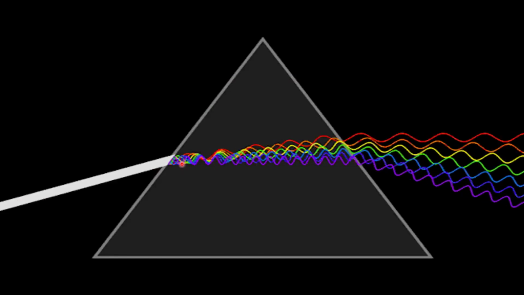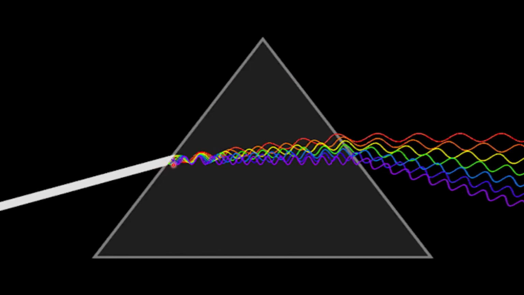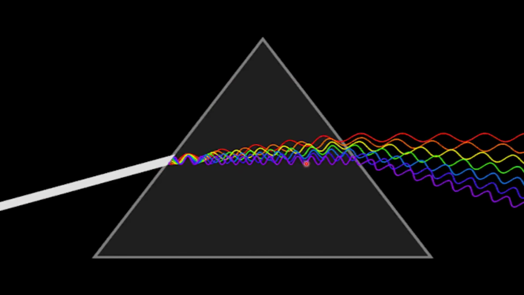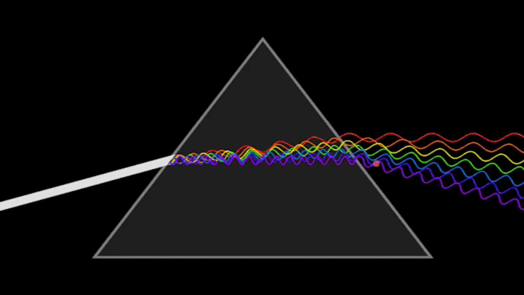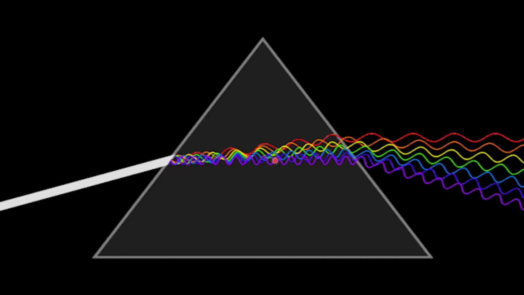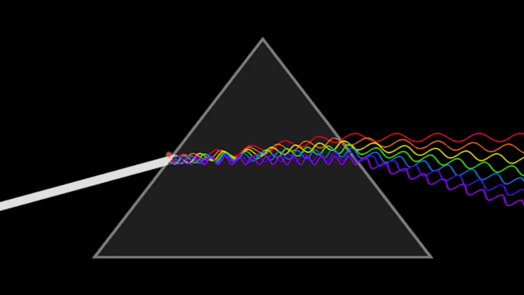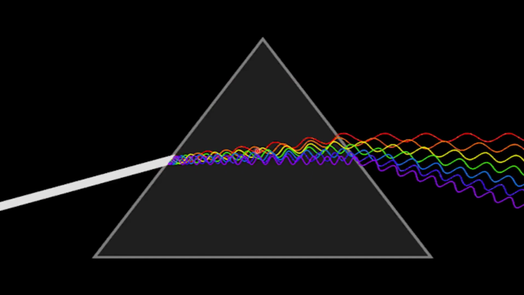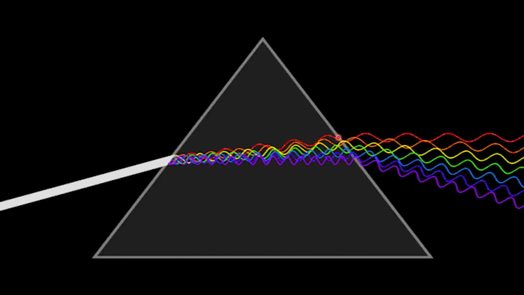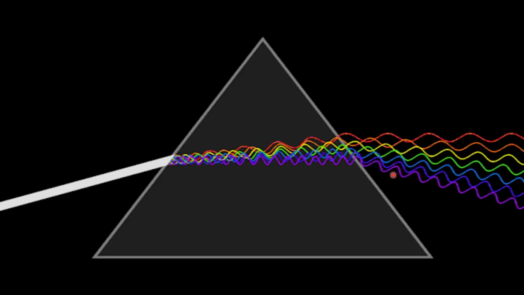As you can tell here, the violet waves are bending that much. And if you go towards the red area, the frequencies are still affected, but not as much as the violet waves.